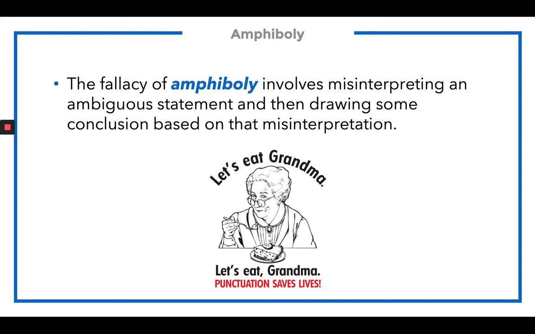One statement is telling us to eat Grandma. The other is saying to Grandma, "Let's eat." And there's this funny thought that punctuation saves lives. If it wasn't for punctuation, we would make a mistake in reasoning and end up eating Grandma.